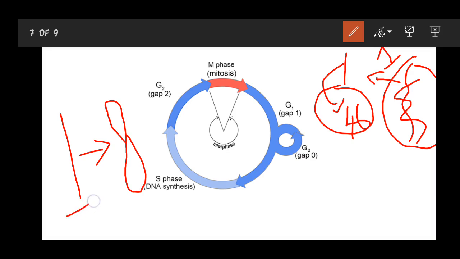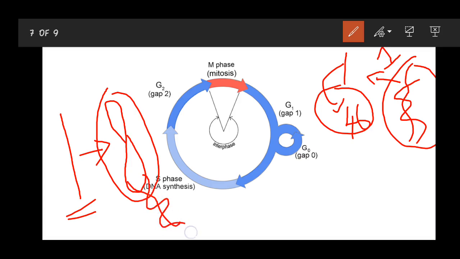If a solenoid like this is getting compacted, you get a structure like this, and this particular structure is called a chromatid. It is a single chromatid. If you untie this chromatid, you get a double helical DNA, a double helical DNA which is compacted.